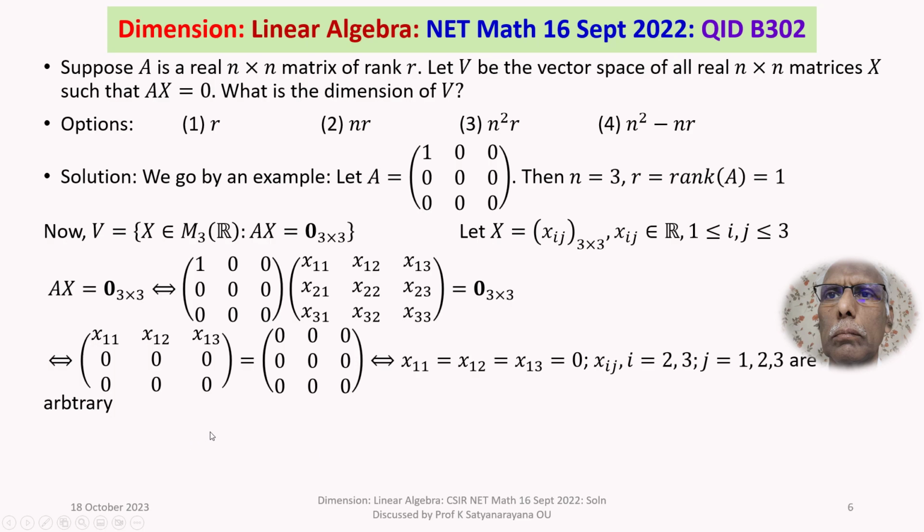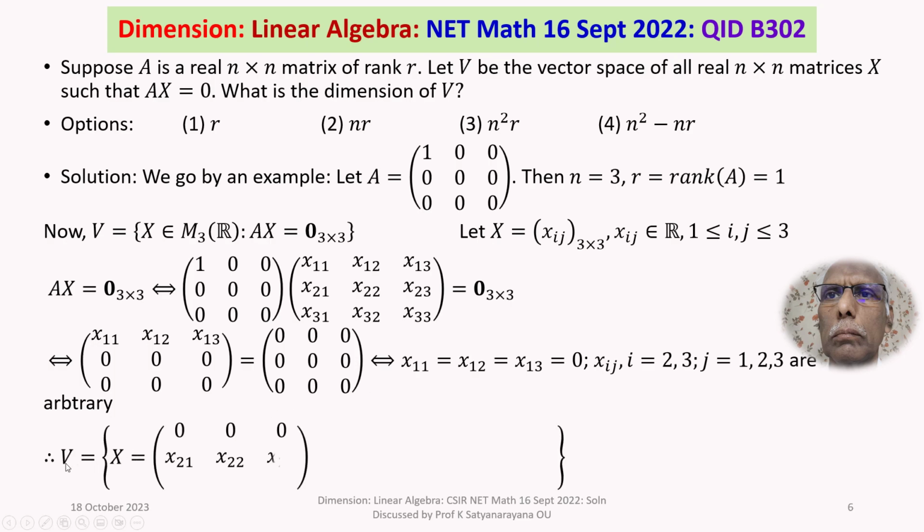are all arbitrary. How many remaining entries will be there? 9 entries are there, in which 3 entries, the first row entries, are 0. The remaining are real numbers which are arbitrary. They can take any values.